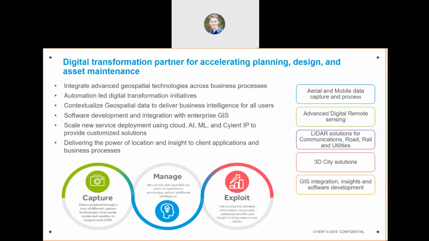Cyient has the ability to acquire the data, using our own internal resources, but also through a global network of partners. Once that data is captured, we process and manage that data, get it into the right formats so that it's usable. And then the real value, frankly, comes from how we exploit that data, how we make the data tell a story and utilize it to bring different insight or solve a business problem.